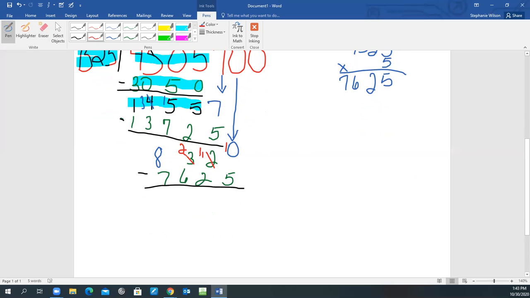Well, I can't take 6 out of 2, so I got to borrow again, making this a 7 and bring the 1 over. So now 10 minus 5 is 5. 11 minus 2 is 9. 12 minus 6 is 6. 7 minus 7 is 0. So we're done there. Let's bring down this other 0.